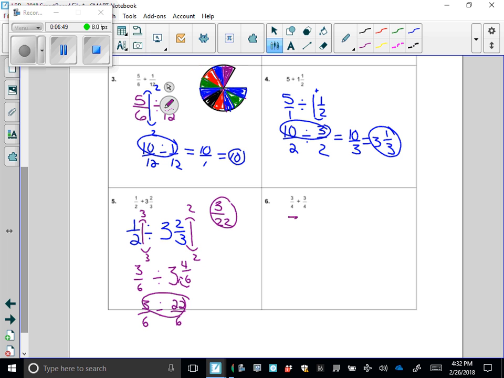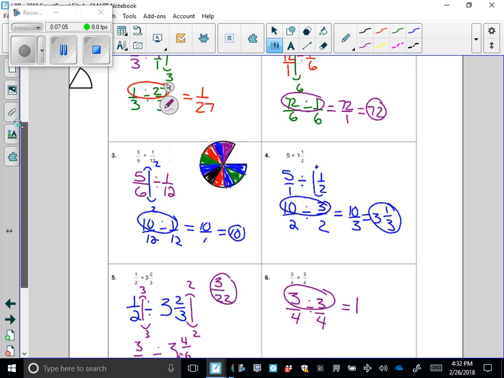This is the easiest one, 3/4 divided by 3/4. Already have a common denominator. Any number divided by itself is always 1.